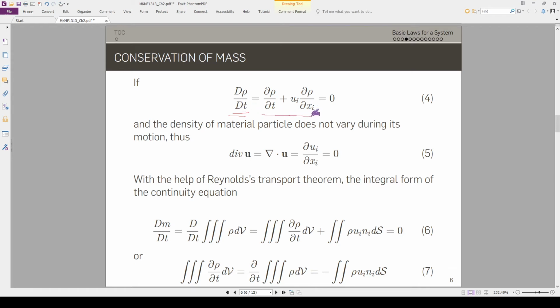This is the equivalent expression for the term d rho over dt, and then we have the expression as well for nabla dot u. Dot here refers to the dot product. So this nabla dot u is also called the divergence. In some textbooks, you may find that it is written as div, which refers to divergence.